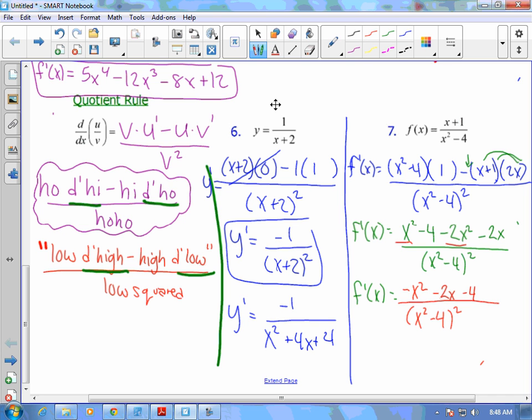Okay. Any chance that numerator is going to factor to something that cancels out with the denominator? Possibly. You would want to check that, but this is as far as we need to go. Okay, flip it over.